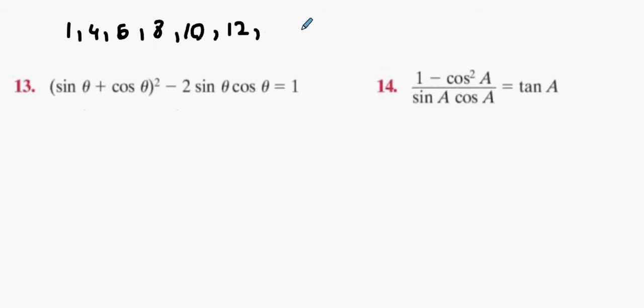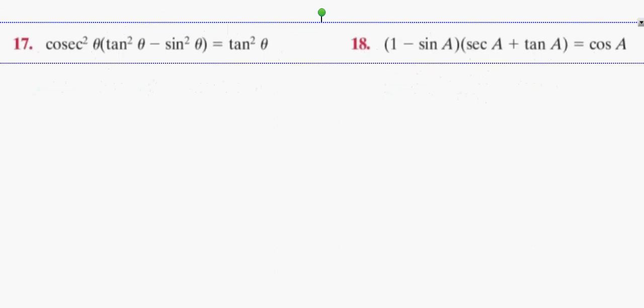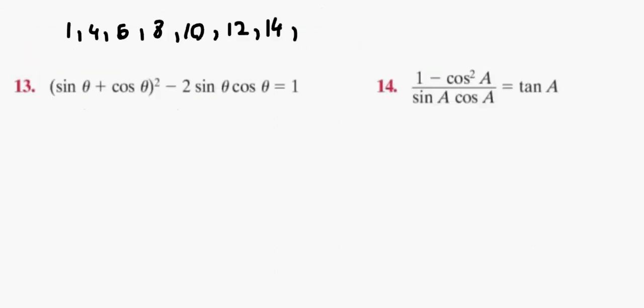We can go for 14. Okay, and this one's fair. 1 minus cos squared a, as we discussed earlier. You do sin squared a plus cos squared a equals 1, and then sin squared a equals 1 minus cos squared a.